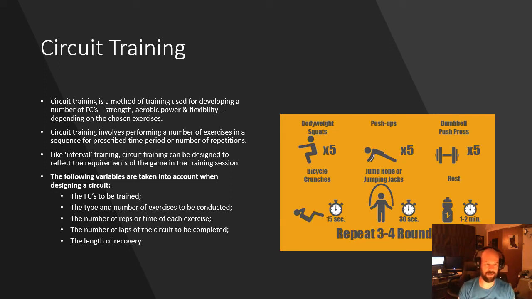So when you're designing a circuit, you can see the dot points there. You need to look at the fitness components that you want to train, the type and the number of exercises that you're going to do, because you don't want to work too hard or not hard enough, because then it might not necessarily follow the principle of specificity in terms of meeting the energy systems and the work to rest ratios.